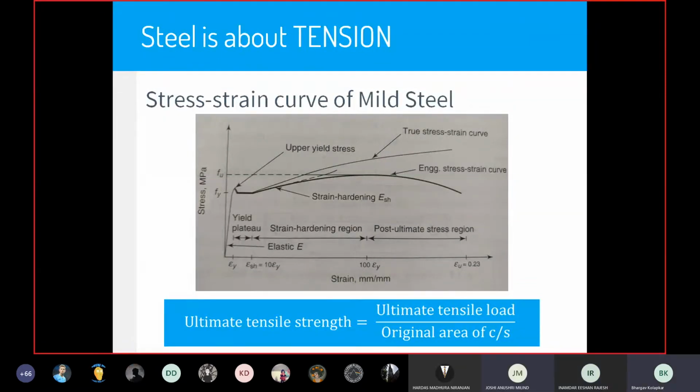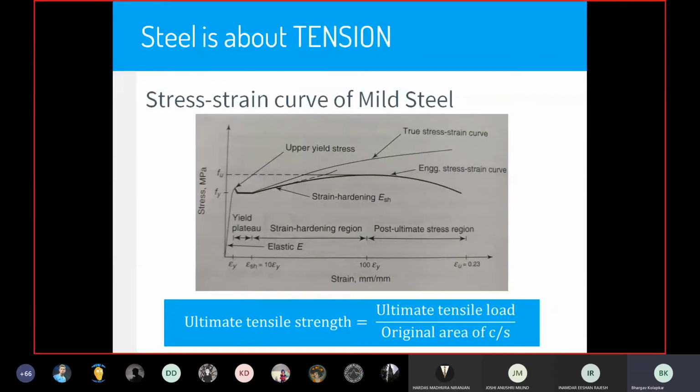This slope is called Young's modulus of elasticity, and it is a measure of stiffness. Right now, just try to remember these terms: strength, stiffness, ductility. We'll look at them later. The extent of the y-axis is strength, the extent of the x-axis is ductility, and the slope is a measure of stiffness.